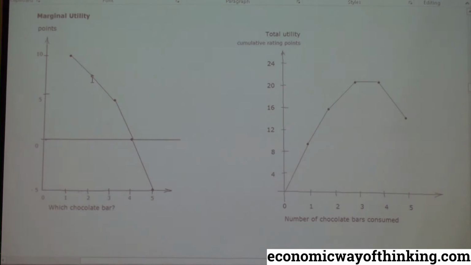Although the additional utility you get from each additional bar is decreasing, in the beginning these diminishing marginal utils still add to the total utility. But when you come to the 4th bar, if you eat an additional bar, then your utility gets negative. This is reflected in that segment of the total utility which goes down.